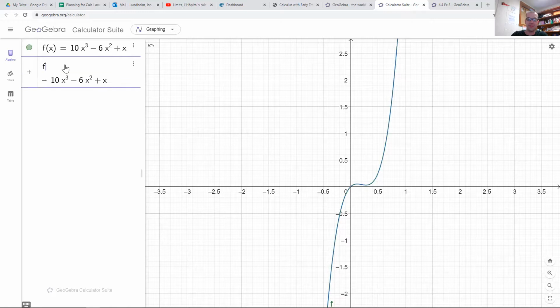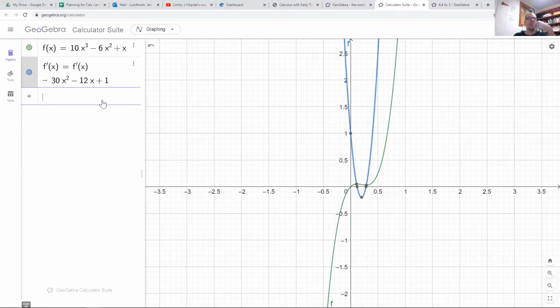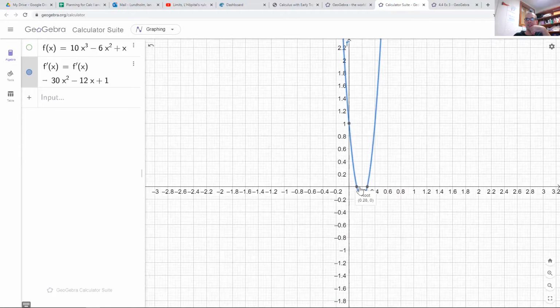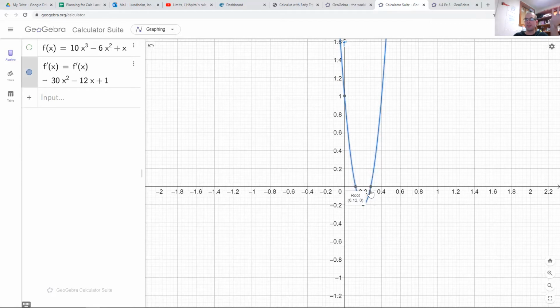We figured out that the derivative was a thing, and that the derivative crossed at some nasty points, but we were confident that they were going to be greater than 0. So that's cool. What we would want to do is plug in some test values, but from the graph of the derivative, we can tell that the derivative is positive over here, negative in the middle, and positive again.